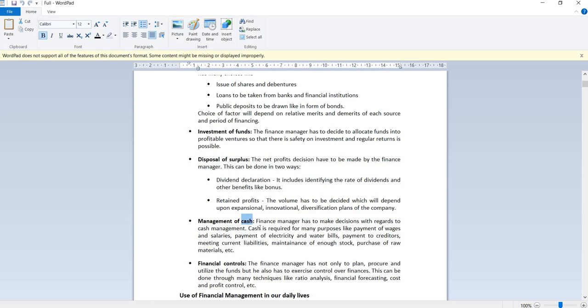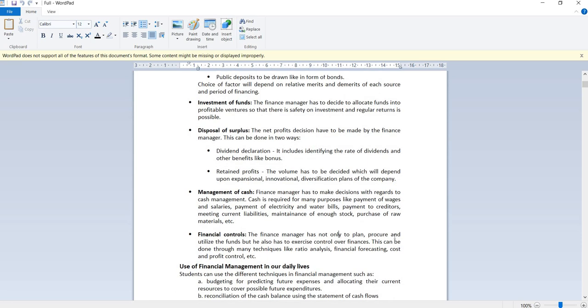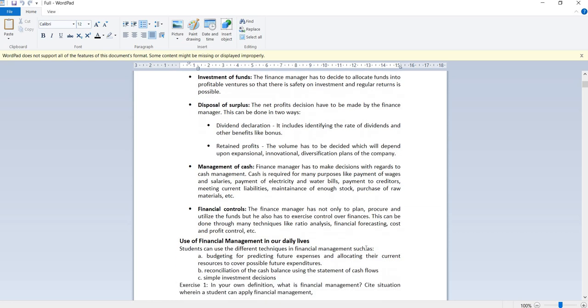Financial controls. So, the financial manager has not only to plan, procure, and utilize funds, but he has to exercise control over finances. So, this can be done by many techniques such as ratio analysis, financial forecasting, cost and profit control.